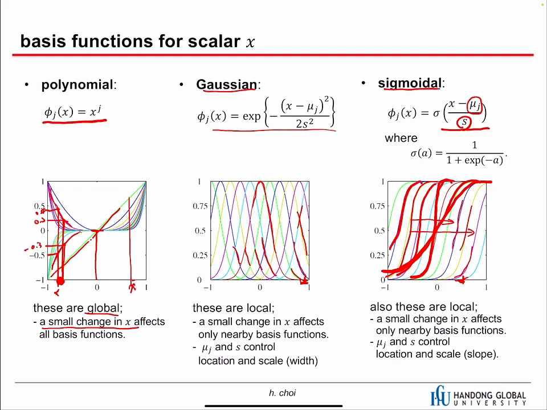This blue one and the green one will not be changed. So depending on the location of these basis functions, if they are affected by the change, then they are. If all the basis functions are affected by a small change of x, then the basis functions are global. Otherwise, they are local.